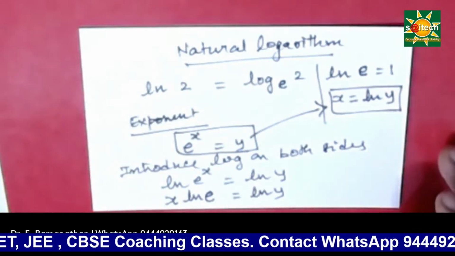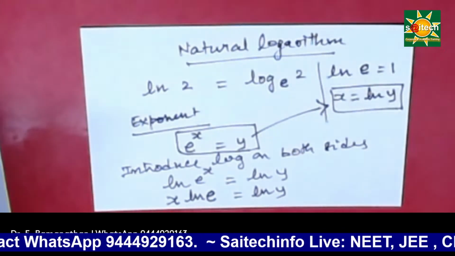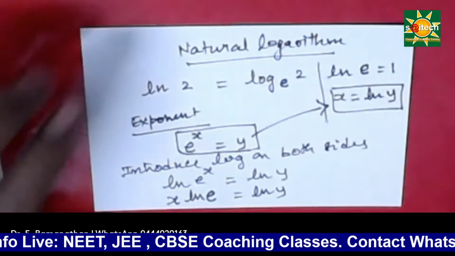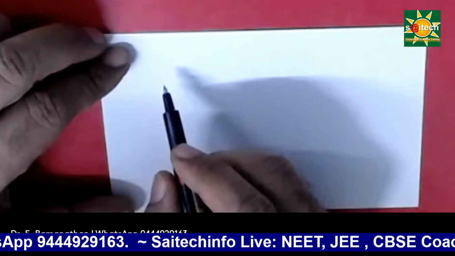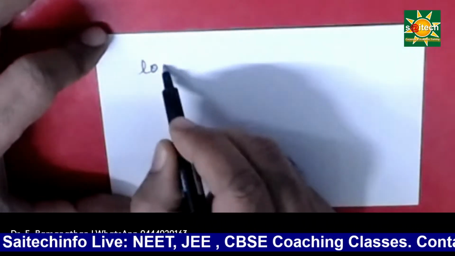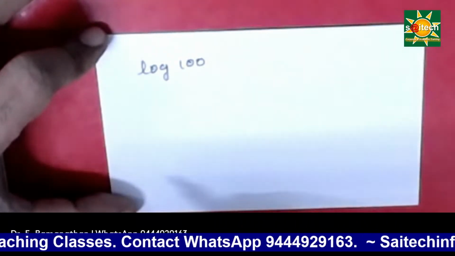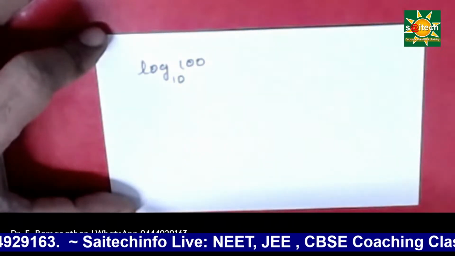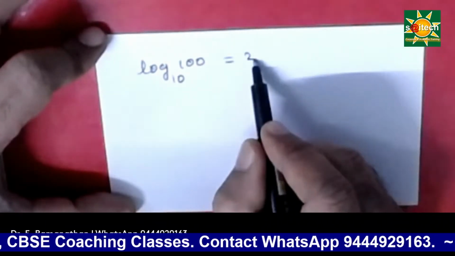Similarly, we can take logarithm to the base 10 also. Let me explain about this. For example, let us consider log 100 to the base 10, which is given as 2.